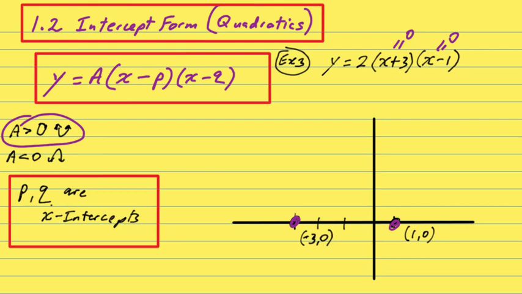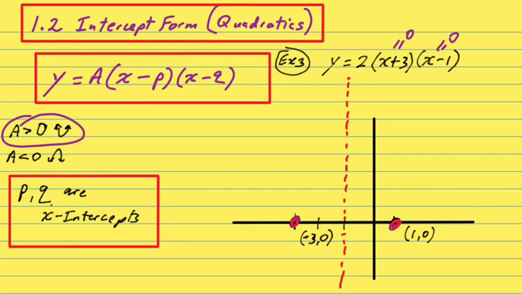How far is it from negative 3 to 1? Well, from negative 3 to 1 is 4. If I went 2 in each direction, where would my vertex be? It would be on this line, x equals negative 1. 2 bigger makes 1, 2 smaller makes negative 3.